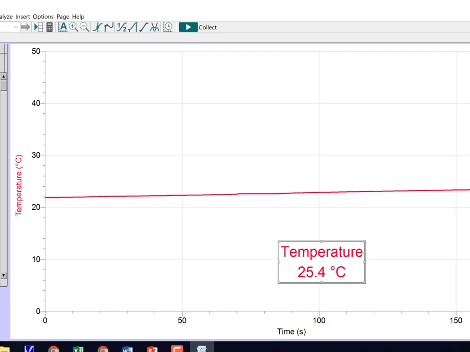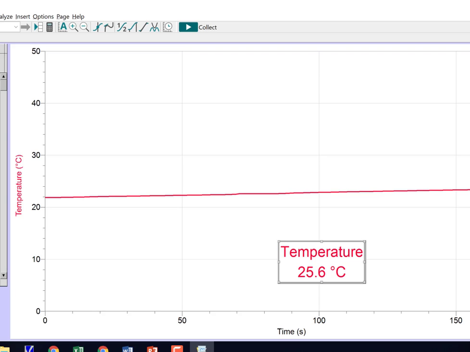So it's 4.18 joules per gram degrees Celsius for C. So we can say this reaction, while we're watching here, that Q equals M, 50 grams, times C, 4.18 joules per gram degrees Celsius, times delta T, which we said was 3.3 degrees Celsius.